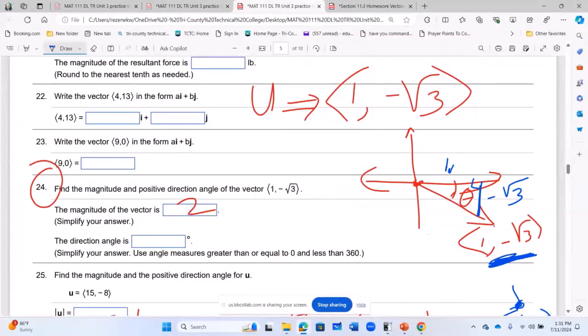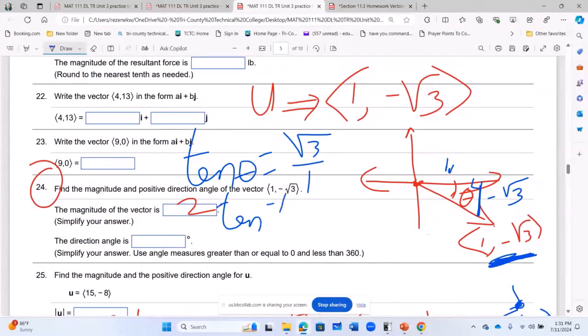I have the opposite, I have the adjacent, so I can use tangent. Tangent theta is opposite over adjacent. I'm going to omit the negative here. Root 3 over 1. So now I'll find tan inverse of root 3 over 1.